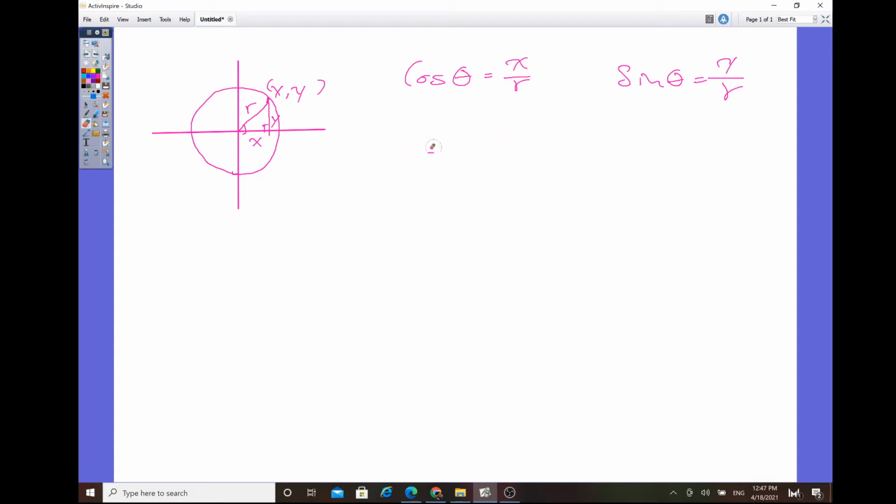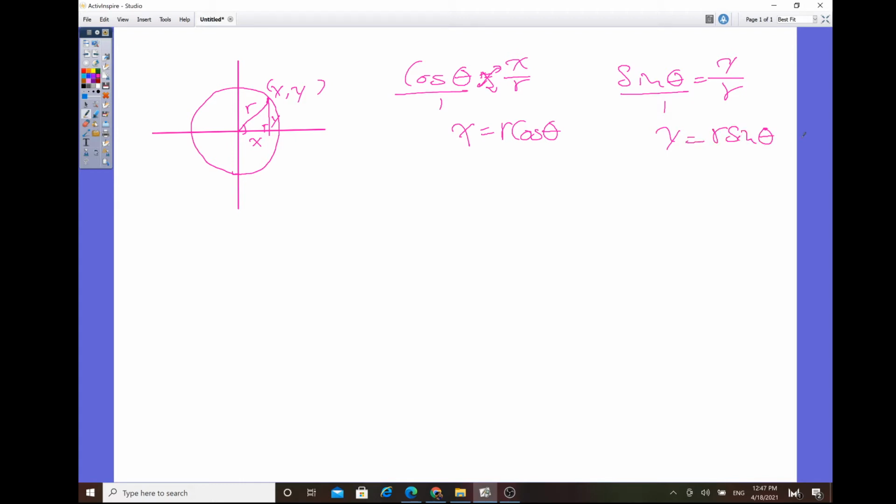Before we do that, let's cross multiply. We have x equals r cosine of theta, and over here for sine of theta, y equals r times sine of theta.